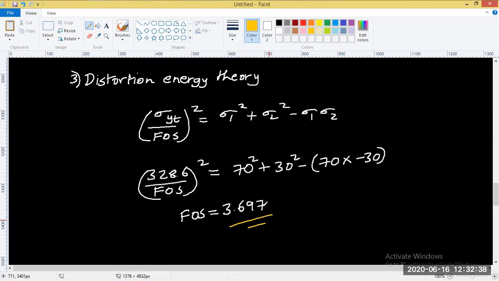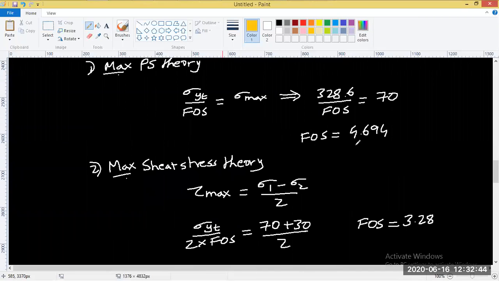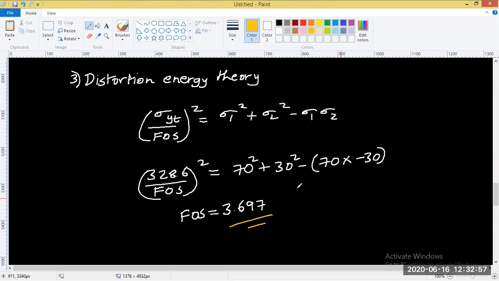So distortion energy is the theory, you see, it is a little bit more stringent than the first one, that is principal stress theory. Using principal stress theory, we got 4.694, whereas using the shear stress theory, which is very stringent, we got a value of 3.28, and using the distortion energy theory, you got a factor of safety of 3.697.